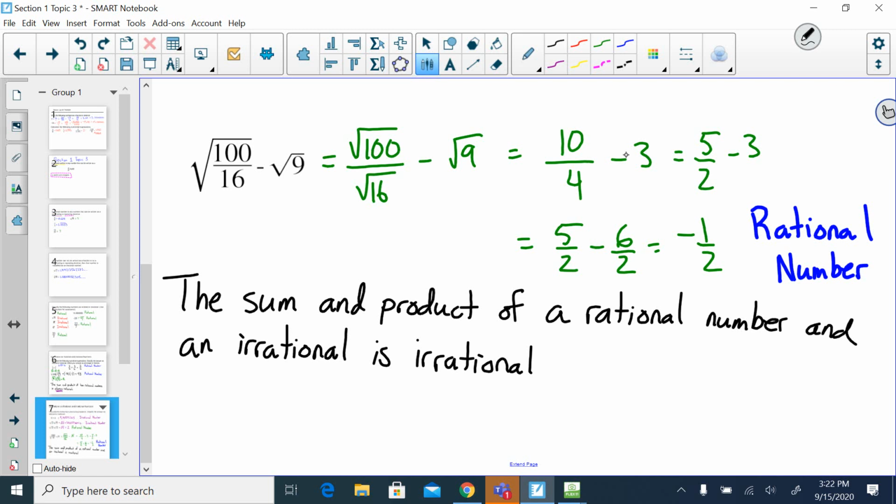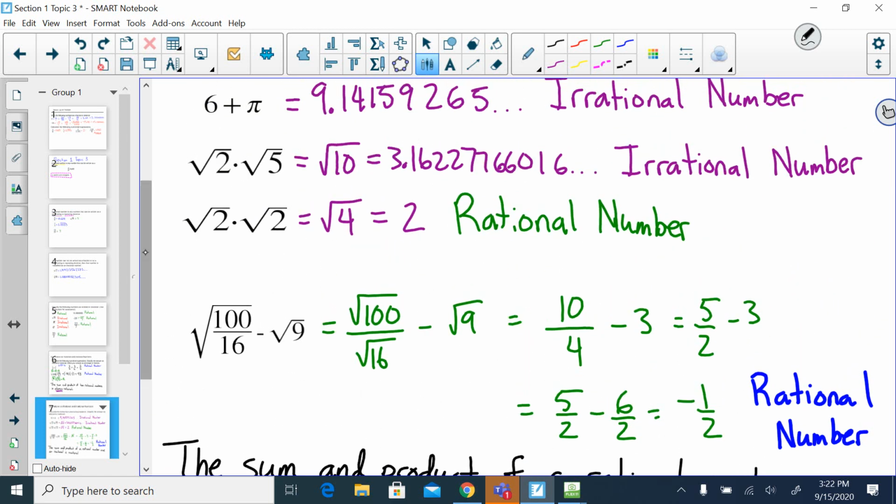Now, if we look at the other two that we did, we had the square root of 2 multiplied by the square root of 5. So in this case, we had an irrational number times an irrational number, and our answer was irrational. But if you look at the one right below it, we had the square root of 2 times the square root of 2. Square root of 2 is irrational, and you multiply that by another square root of 2, which is also irrational. But our answer was rational.